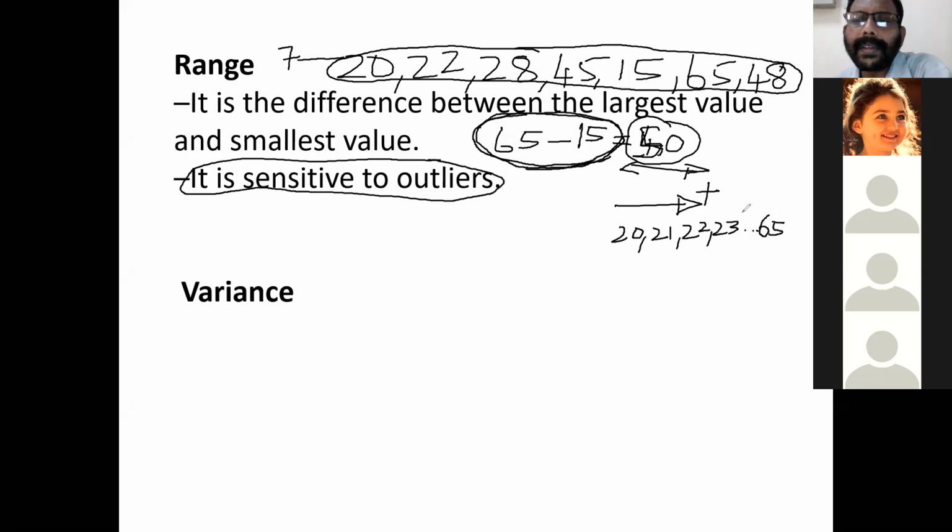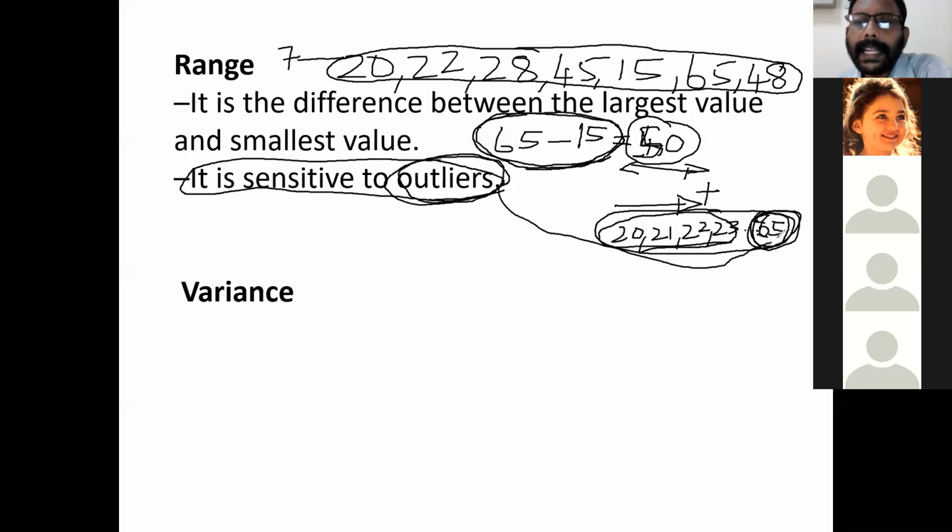Here this is an outlier because it is not behaving in a similar pattern to the group of data. It is behaving totally different. One more thing: somebody just answered that outliers are usually the larger values. It is not necessarily so. Let's say I have marks of 7 students.